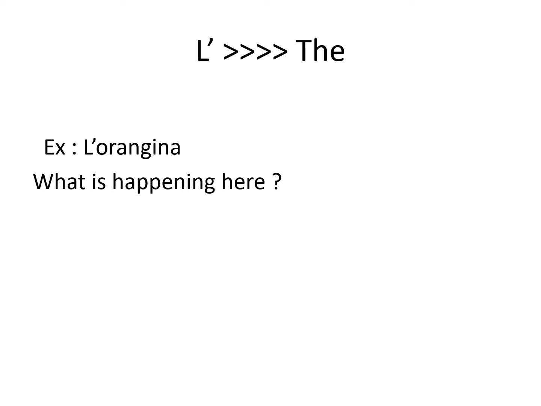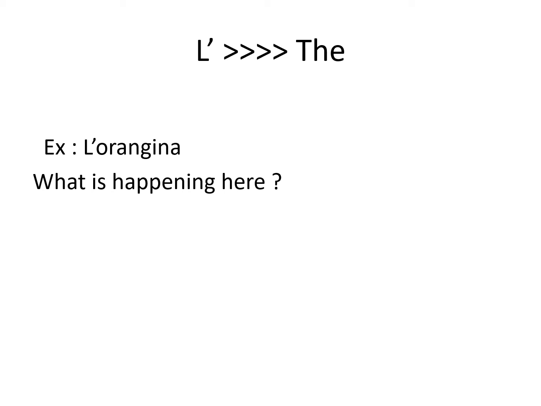Oh, 2 stickers for the person who can tell me why do you think I have L apostrophe here? Have a think. Well done. The reason is because orangina, which is a fizzy drink, orange fizzy drink, the pulp of orange, it starts with a vowel. This is why.